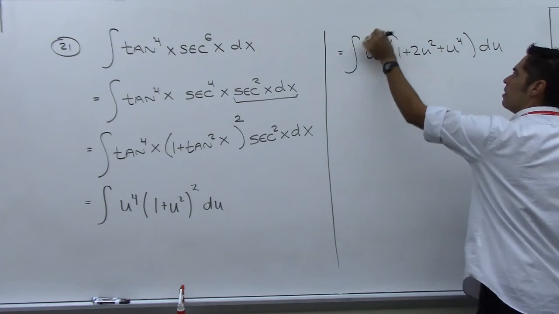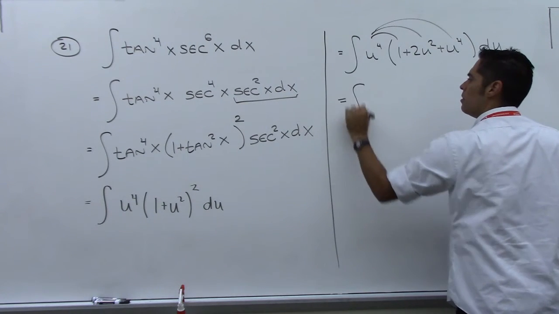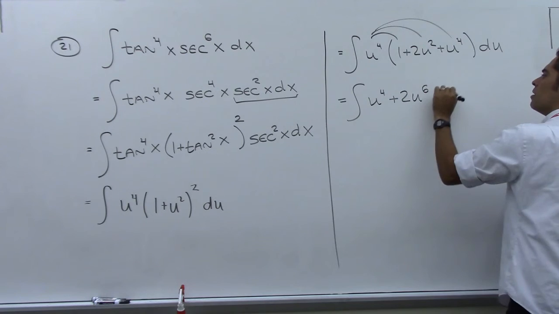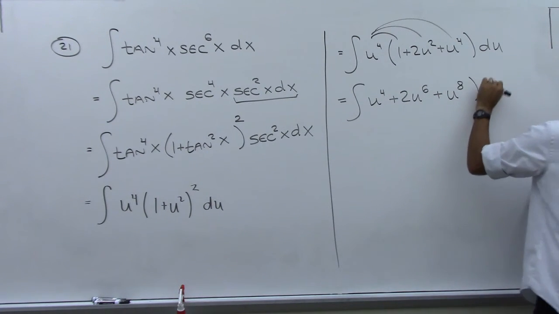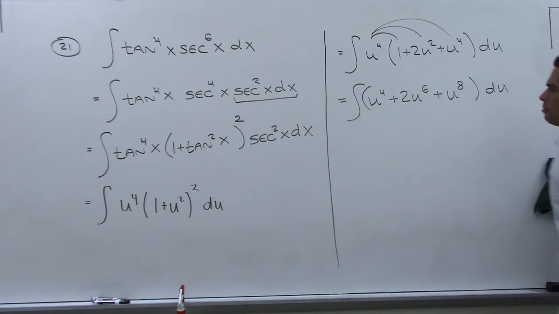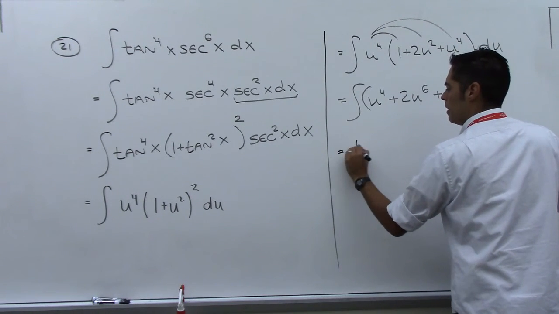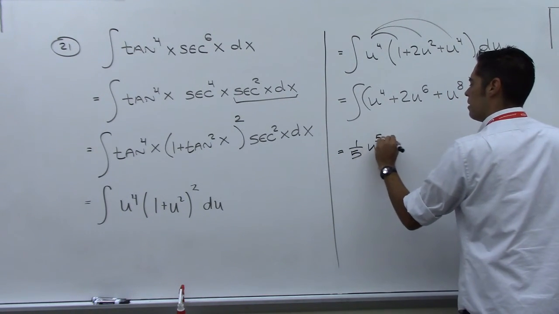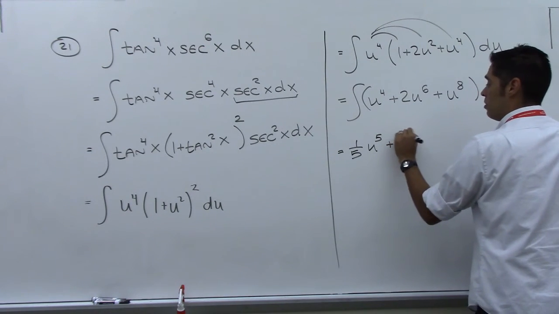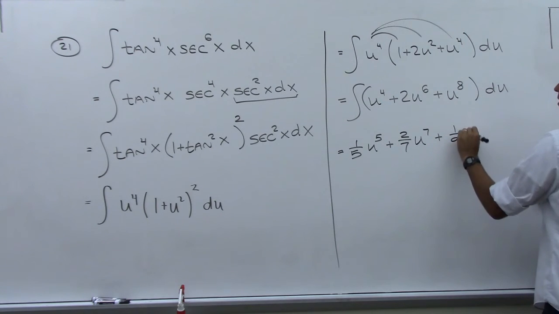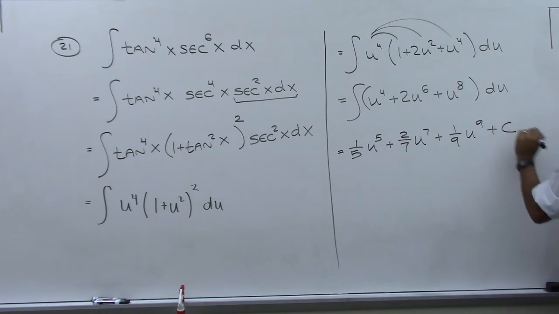Then we distribute this through: u to the fourth plus 2u to the sixth plus u to the eighth. And now we're there. Power rule: 1/5 u to the fifth plus 2/7 u to the seventh plus 1/9 u to the 9th plus a constant.